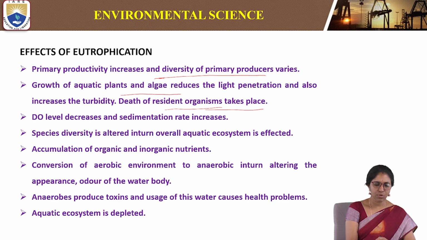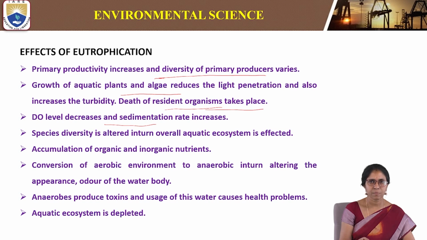DO level decreases, dissolved oxygen level decreases, and sedimentation rate increases. The decomposition of dead organisms does not take place because of low dissolved oxygen level. Species diversity is altered. In turn, the overall aquatic ecosystem is affected.